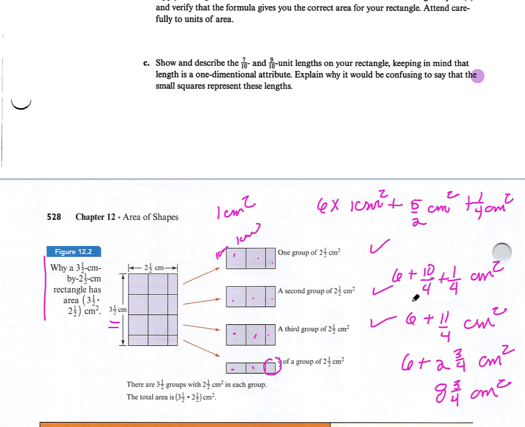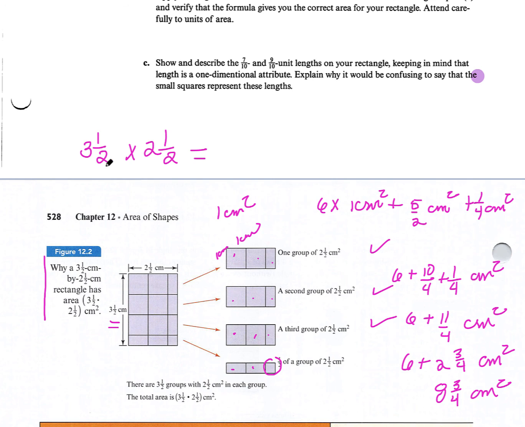Square centimeters. And so it's entirely okay to just count out these blocks and parts of blocks, but we can also use these as 3.5 groups of 2.5 centimeters. So I'm going to do that up here. This is a more advanced way of finding the area. So here's our 3.5 groups of 2.5 centimeters.